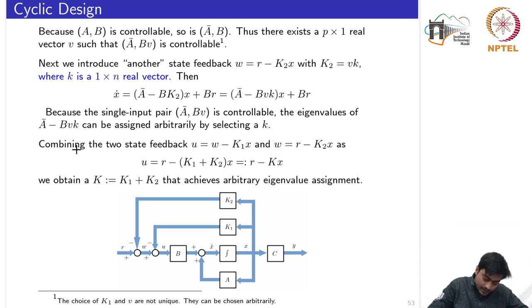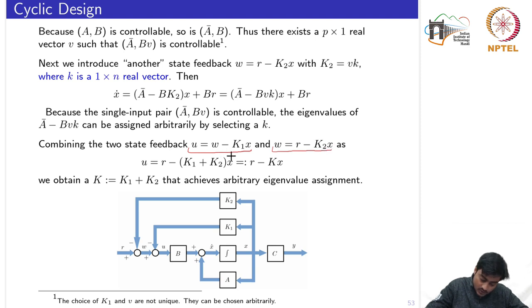So now if we combine these two state feedbacks, the first one was U is equal to W minus K1x, and the second one is W is equal to R minus K2x.